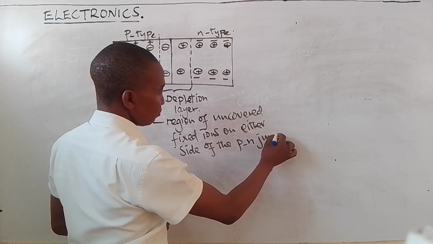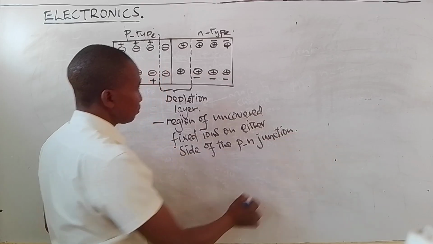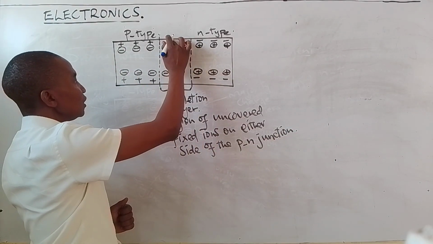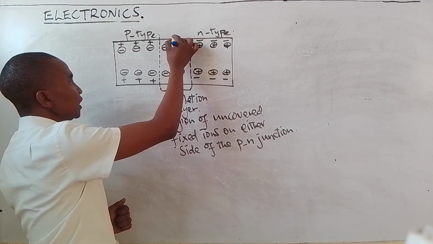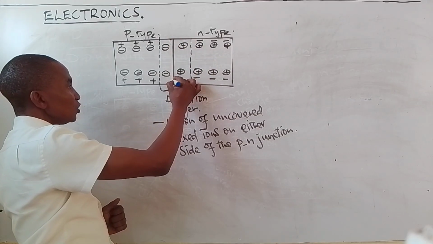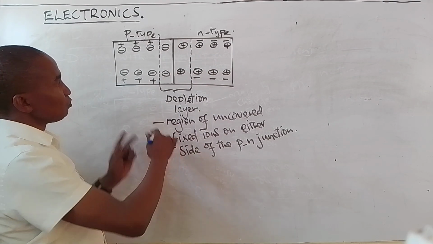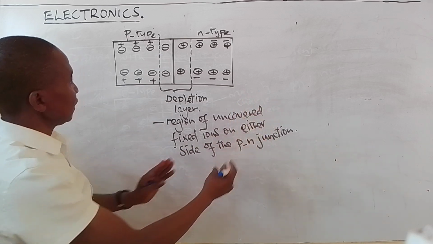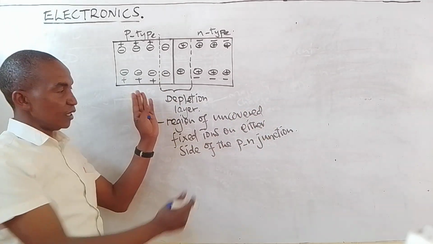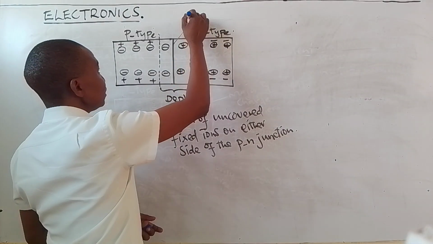Remember, we have seen the p-n junction is the boundary between the p-type and the n-type region. This line is the p-n junction. So the depression layer will be on the right hand side and the left hand side of this p-n junction.